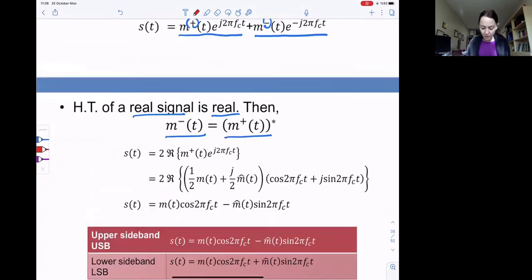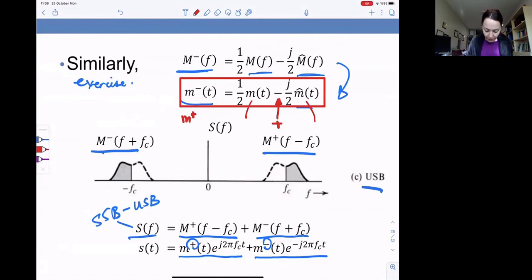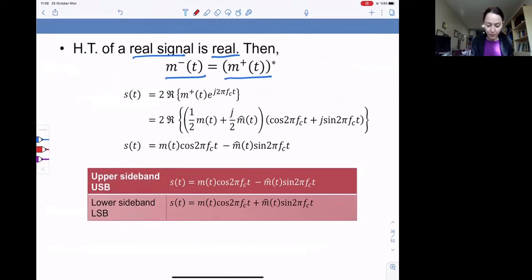But then here we have m plus e to the j 2 pi fc t and m minus e to the minus j 2 pi fc t. So this is m plus e to the j 2 pi fc t plus m plus conjugate times the conjugate of the exponential. So basically this is twice the real part of m plus e to the j 2 pi fc t.